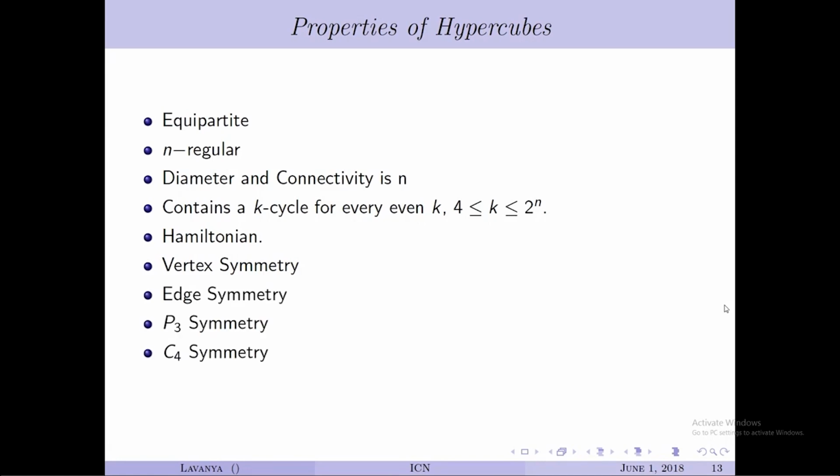And then come some interesting algebraic properties. Okay. So when I say vertex symmetry, what I mean is that given a hypercube, there is an automorphism between any vertex I take; I can find a mapping, I can find an automorphism. So by automorphism what do we mean? Suppose I give you the hypercube network, that is my Qn, say a group G, if you talk in terms of group language.